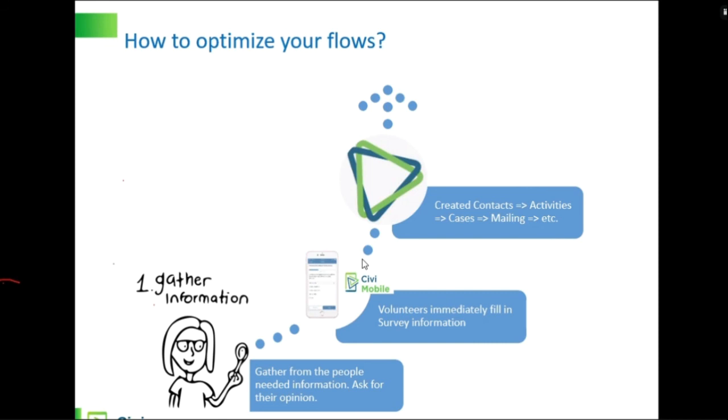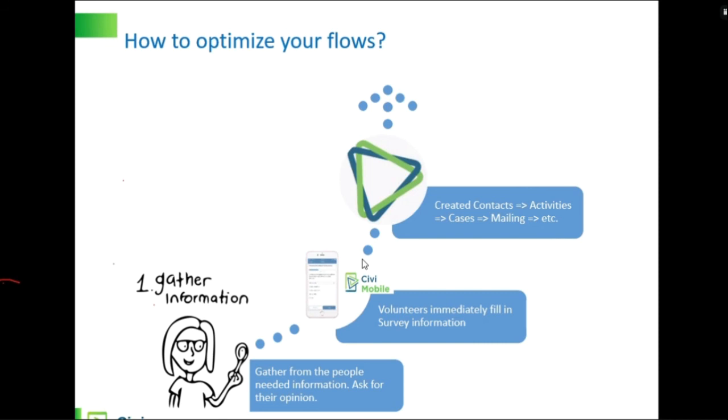Then this information was provided to some specific analytic organization, where it was analyzed, optimized, structured, and all this structured information was imported to CiviCRM. So this time period was really very long.